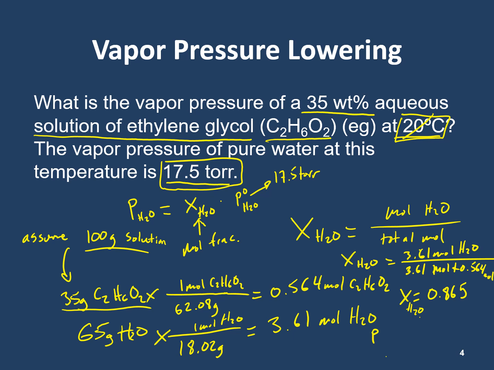And therefore, my vapor pressure of water is going to be equal to 0.865 times 17.5 torr, which gives me 15.1 torr as the vapor pressure of the solution.